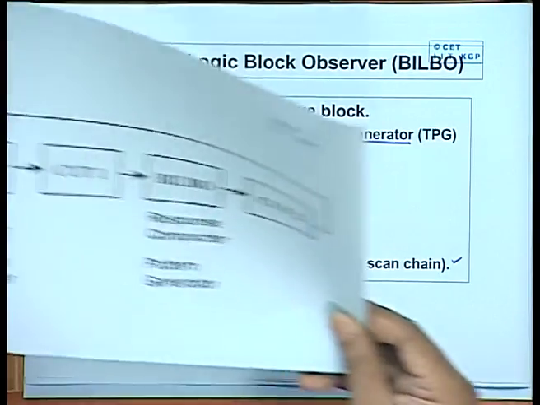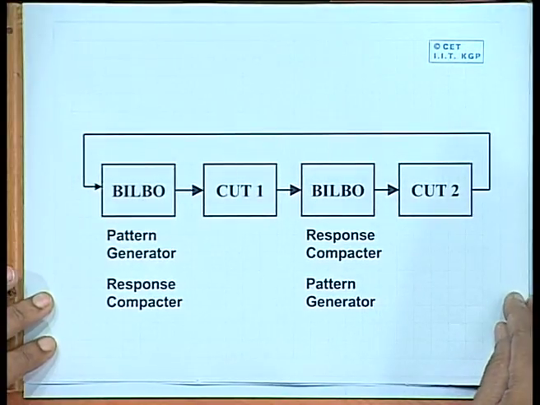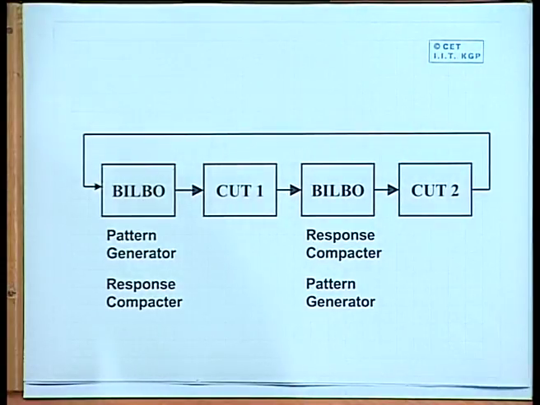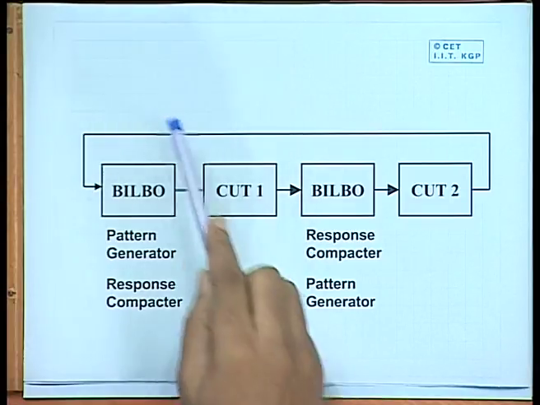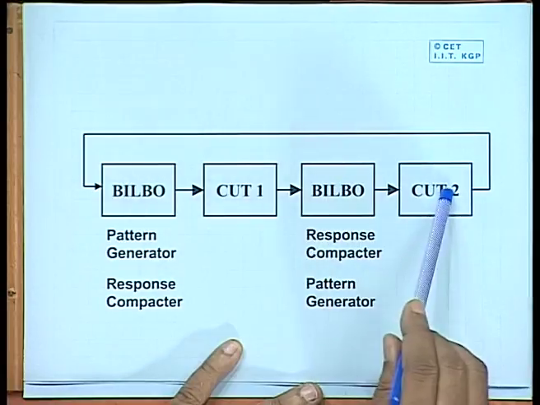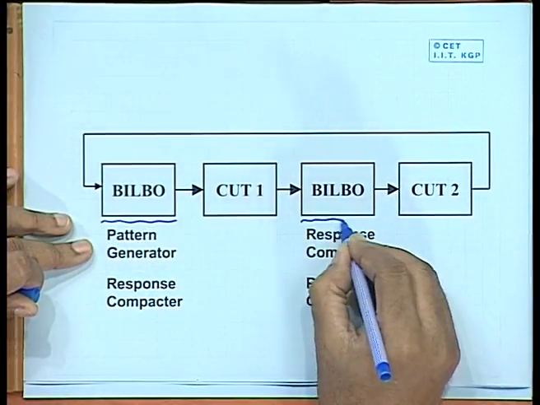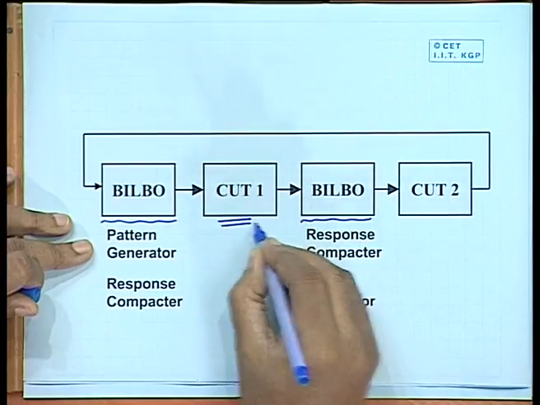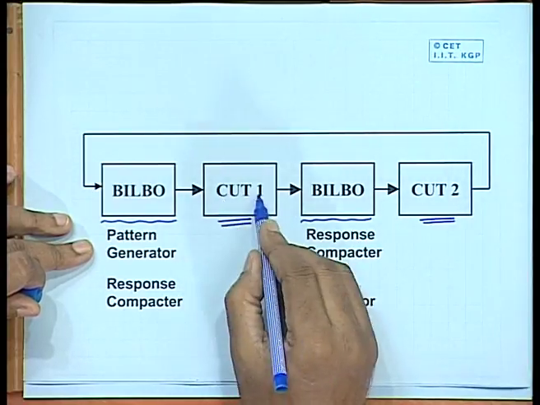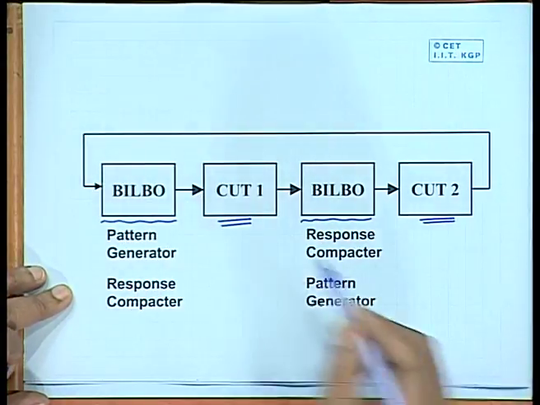So, with the capability of this Bilbo, let us take a couple of examples. This is a very simple example. Suppose we have a circuit where there are registers in between. Suppose this is a register, this is a register, and there is some combinational logic in between. We call them cut 1 and cut 2, and they are connected like this.